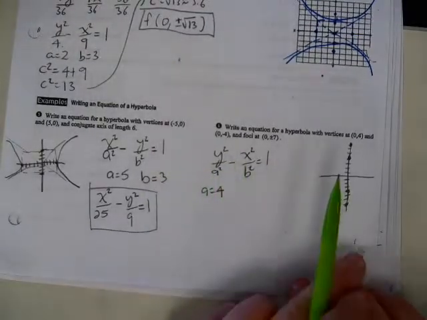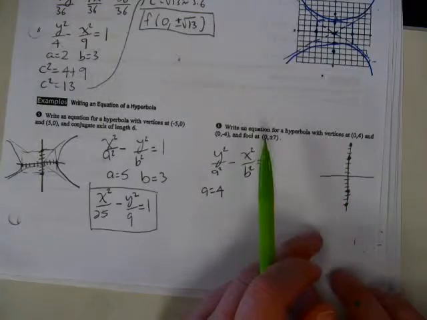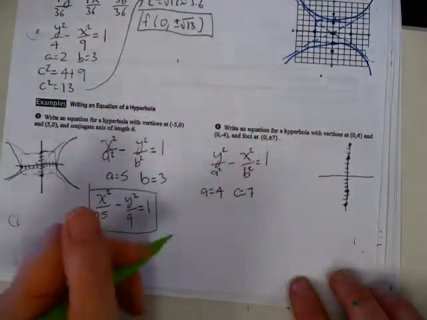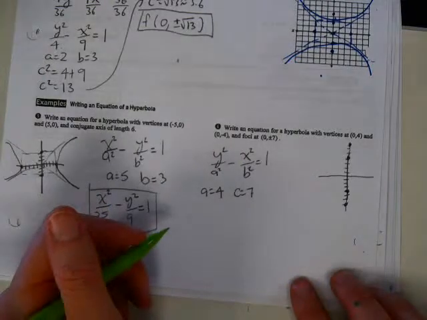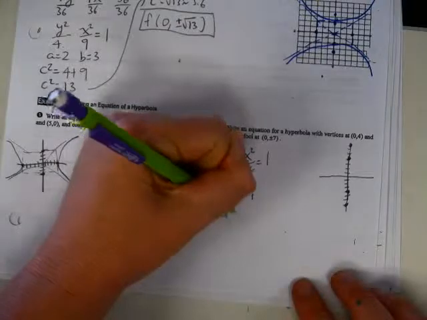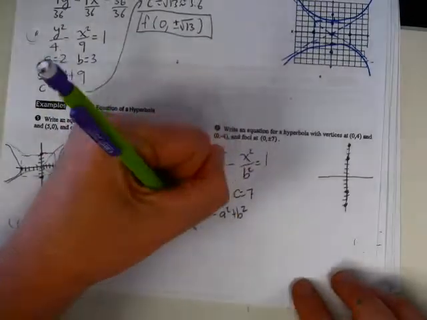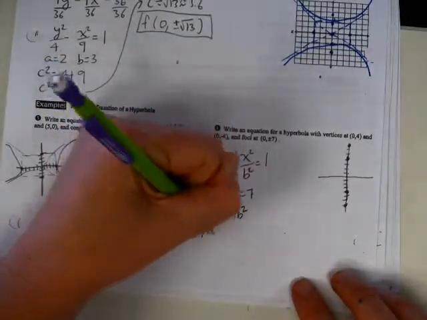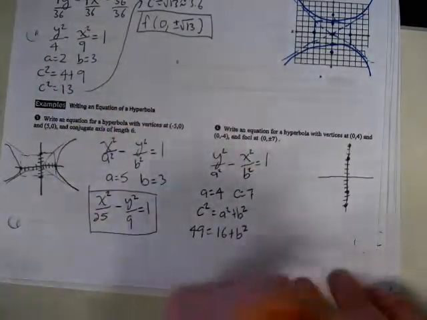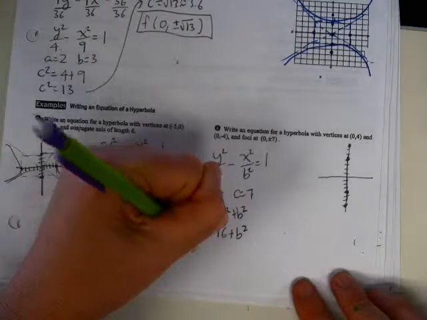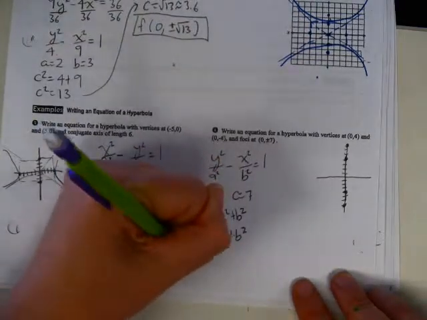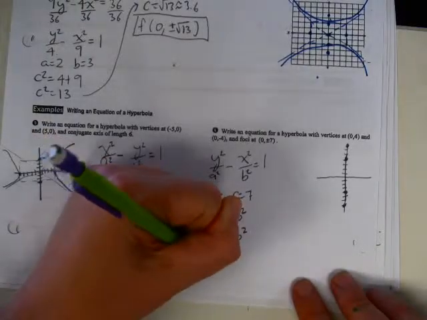C, distance from center to focus, is going to be 7. Now I can use my formula to find B. C squared equals A squared plus B squared. So 49 equals 16 plus B squared. So 33 equals B squared, and square root of 33 equals B.